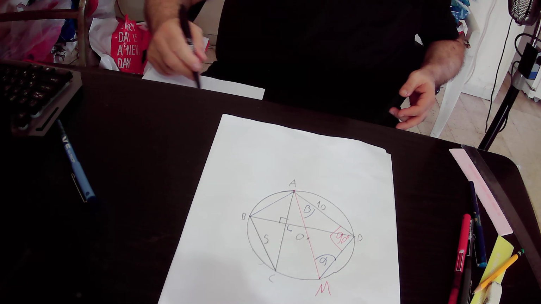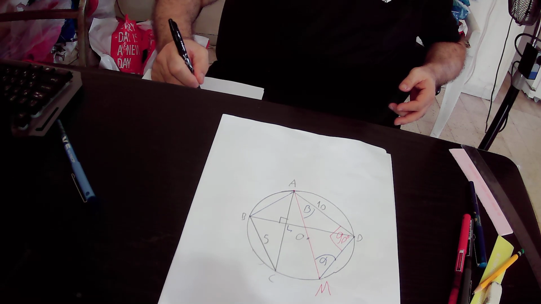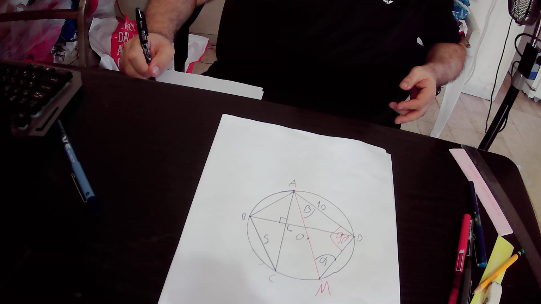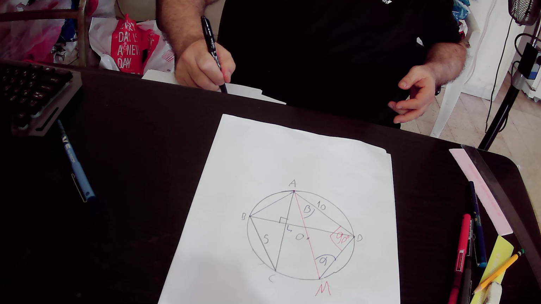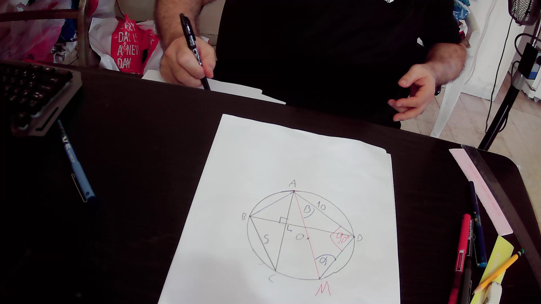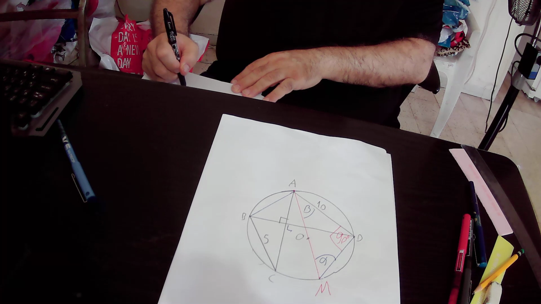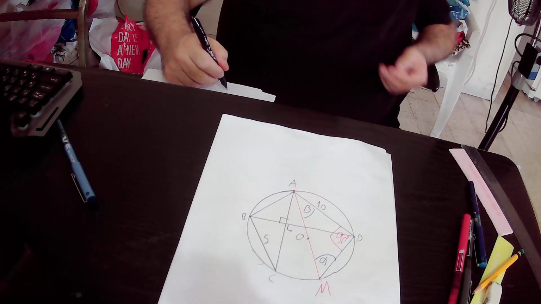According to rule number 2, they are equal to each other. That is to say, angle ABD equals angle alpha.